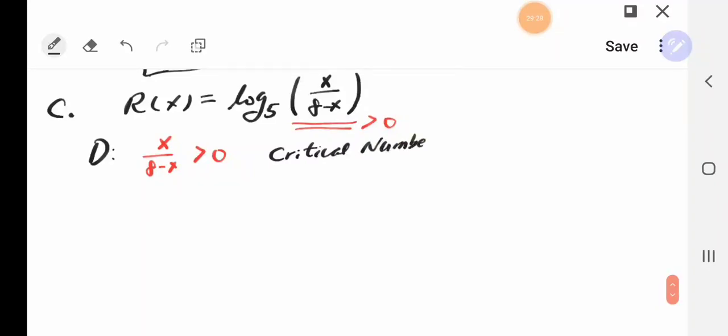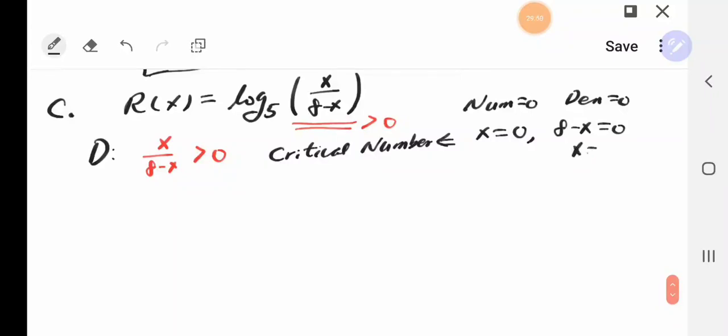The critical numbers come from setting the numerator equal to 0 and setting the denominator equal to 0. Then x equals 0, and from here x is equal to 8.